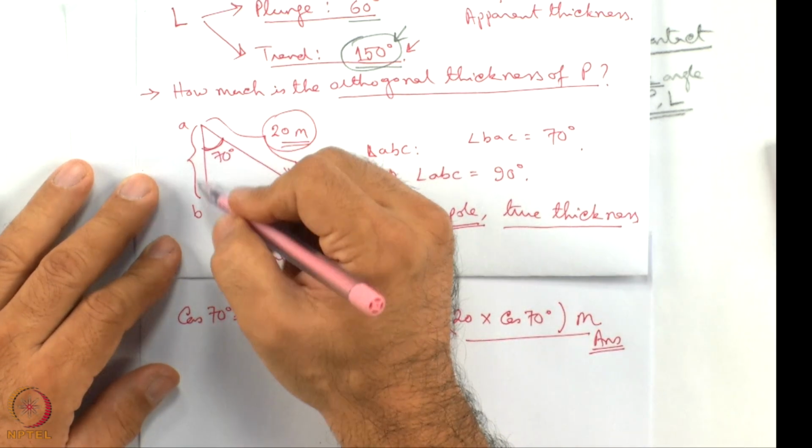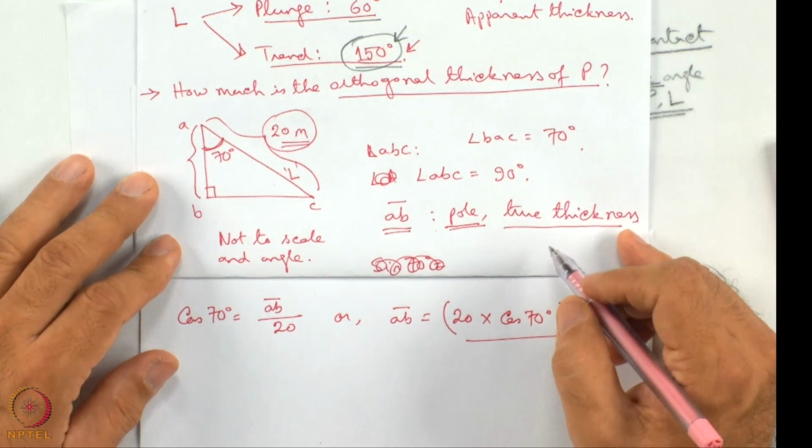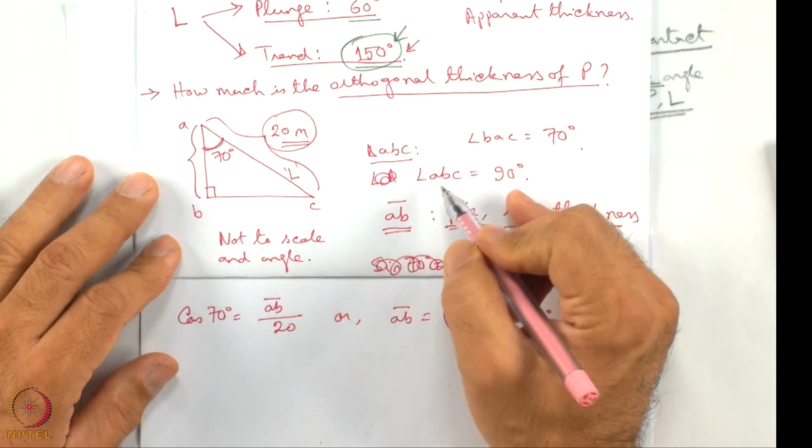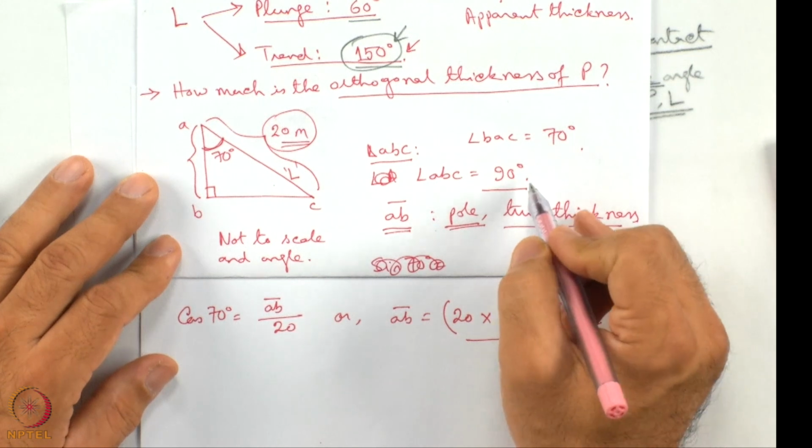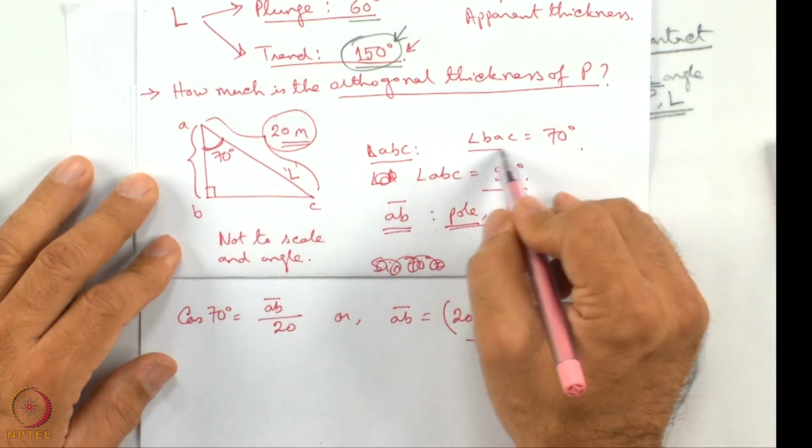So we want to know the AB length within the triangle ABC, where angle ABC is equal to 90 degree, angle BAC is 70 degree.